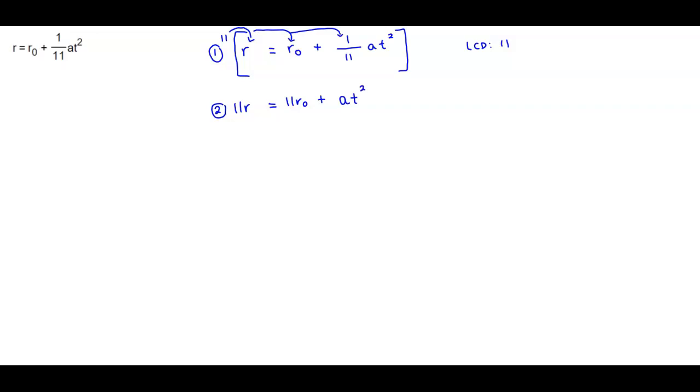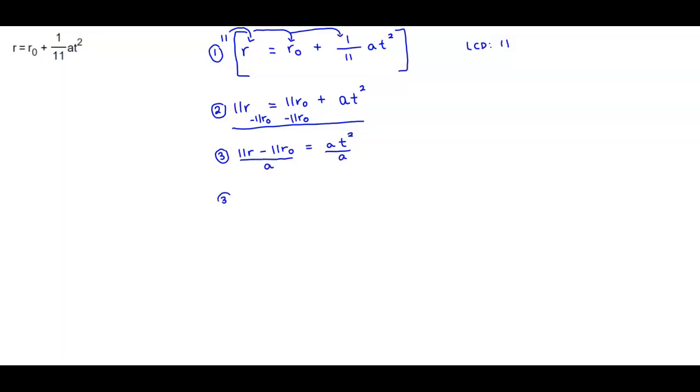Now since we want to isolate t, we're going to subtract 11r subscript 0 from both sides. So for step 3, we end up with 11r minus 11r subscript 0 equals at squared. Now, in order for us to isolate t, we need to divide both sides by a.